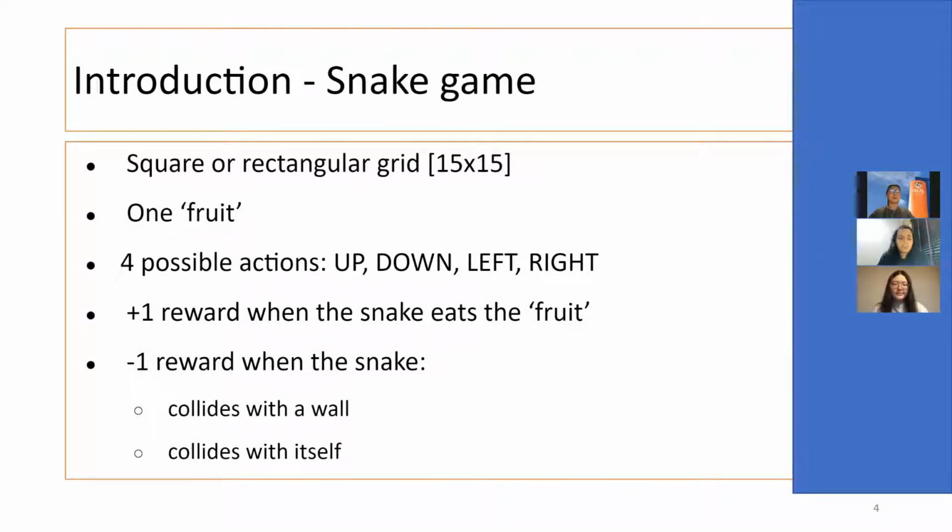And the reward function is that basically the snake gets a +1 reward when it eats the fruit, and it gets a -1 when it dies. So basically when it collides into a wall or it collides into its own body. And other than that, if the snake just moves in one of the direction, it gets a 0 reward.